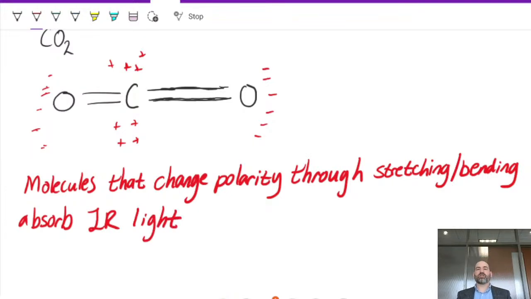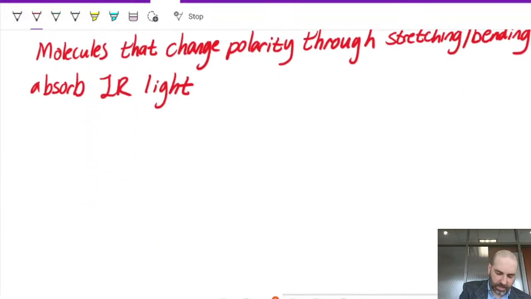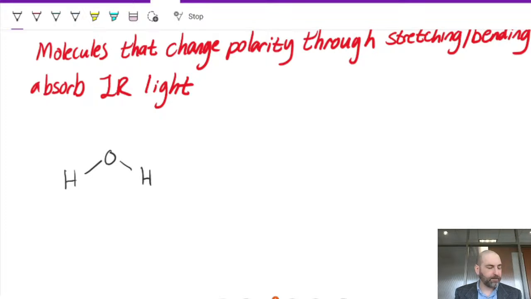All right, so molecules that can change polarity through stretching or bending absorb infrared light. So another example, let's look at water. Water also can do this.